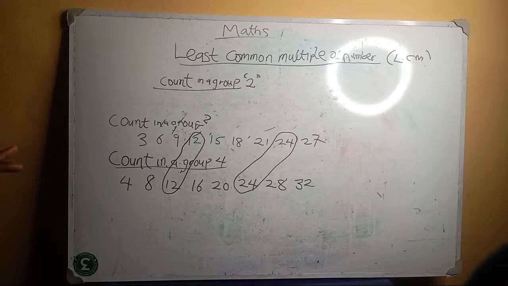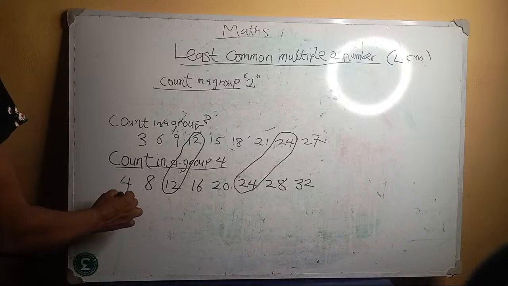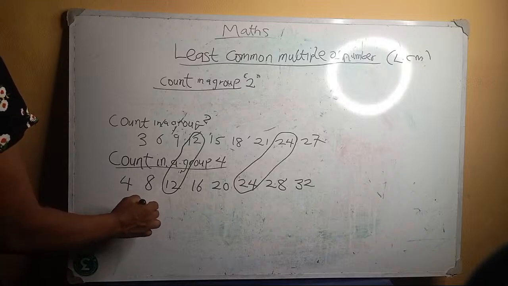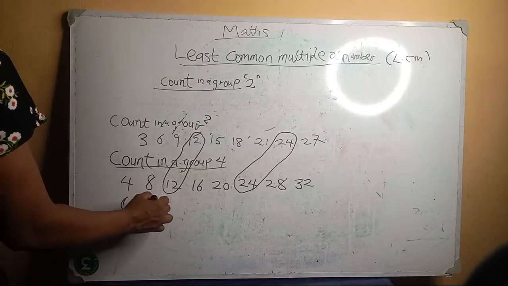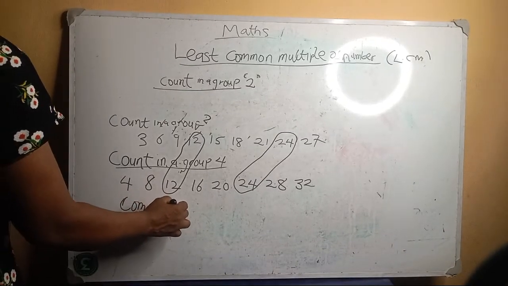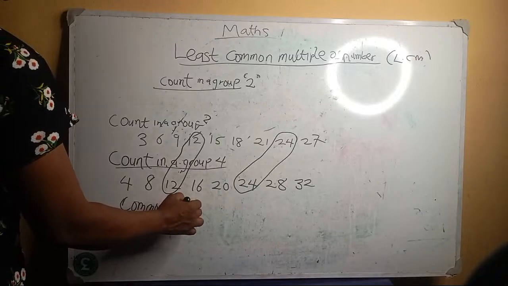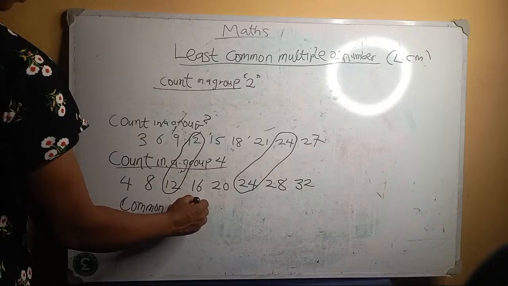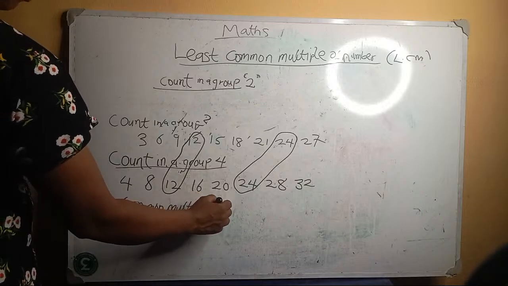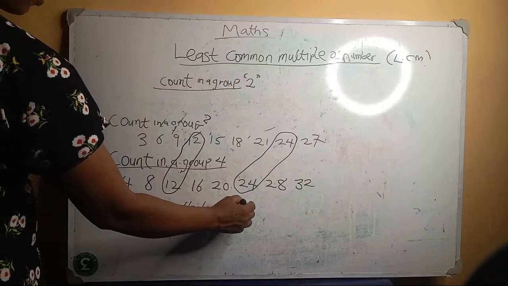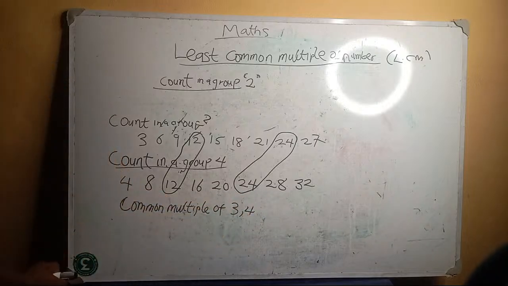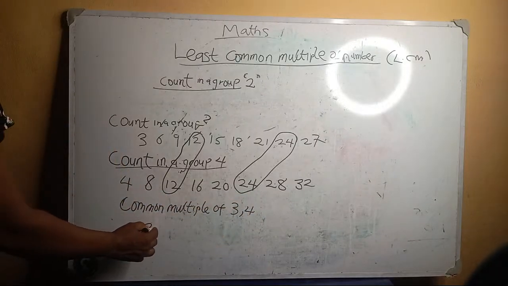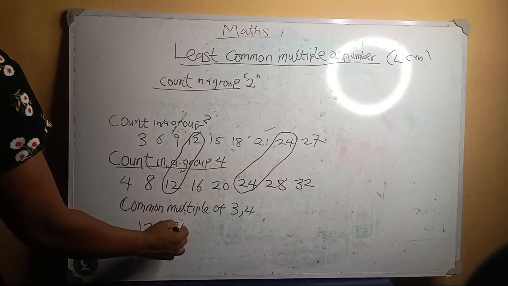So the common multiple of 3 and 4 is 12 and 24.